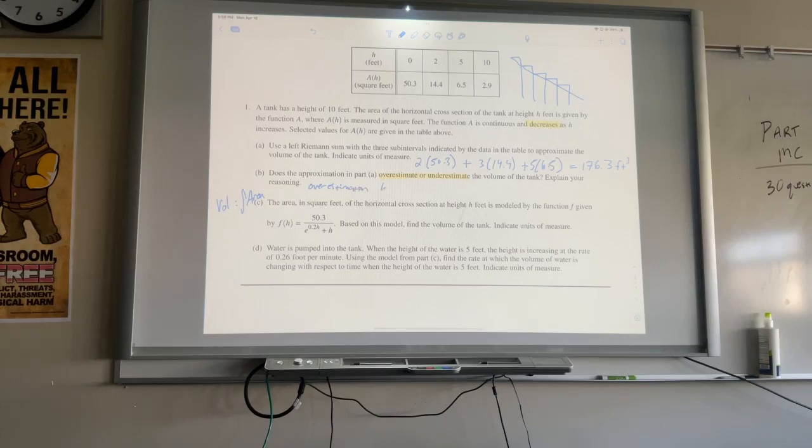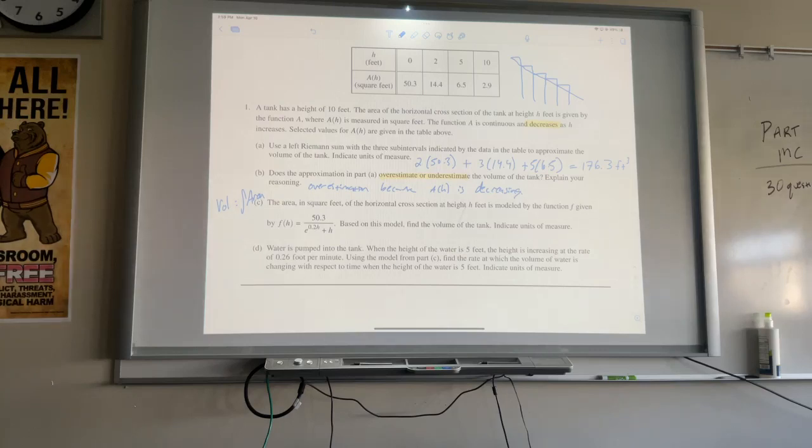This is exactly what they wrote: the approximation is an overestimation because a left Riemann sum is used and A is decreasing. I thought we had to treat the graders like they're done because they make us explain.